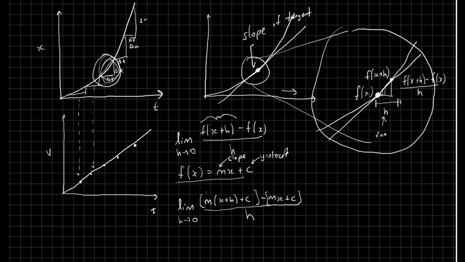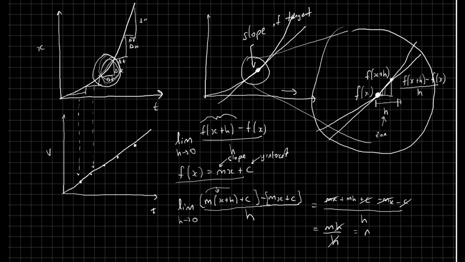If we multiply this bit out, we get mx plus mh plus c, minus mx minus c. We see that the c's cancel, the mx's cancel, and we're left with mh over h, and the h's cancel.